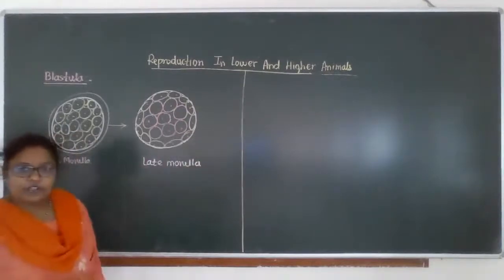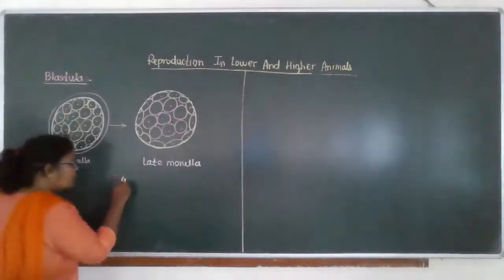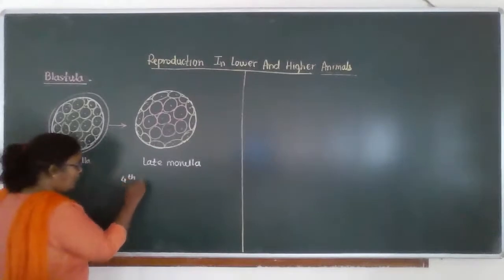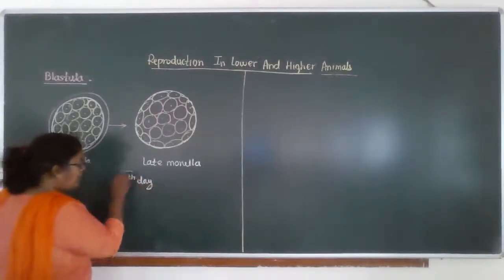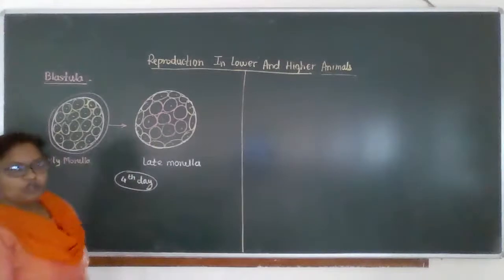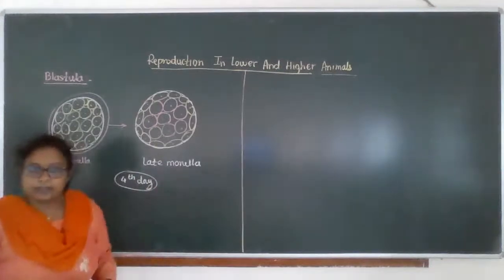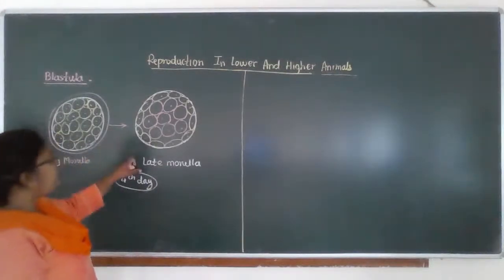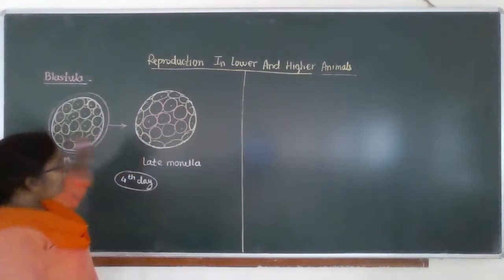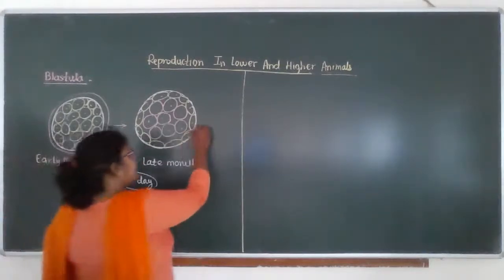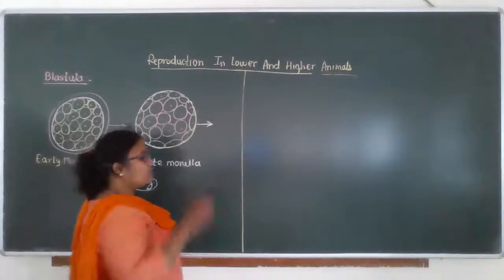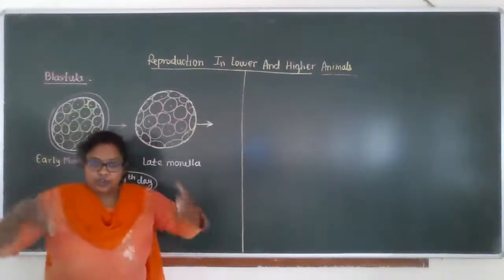The formation of morula takes place up to the fourth day of fertilization. Complete formation takes place on the fourth day. Clear? Afterwards, this late morula enters into the uterus.